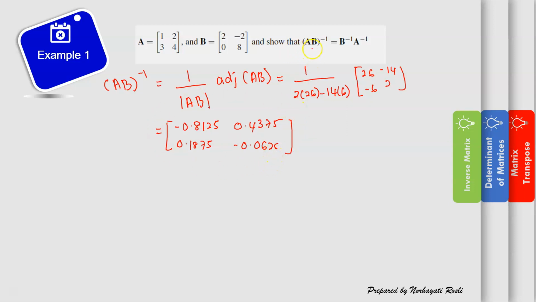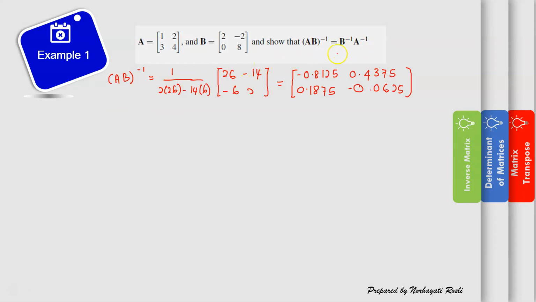So we are not yet complete for this example. We need to show that this AB inverse equals B inverse A inverse. Now we want to show that B inverse A inverse equals this matrix. So B inverse times A inverse equals, based on the previous solution, 1 over 2, 1 over 8, 0, 1 over 8 times A inverse, which is negative 2, 1, 3 over 2, negative 1 over 2.